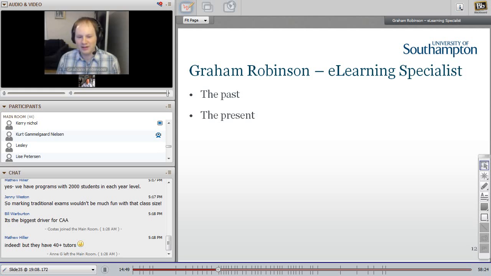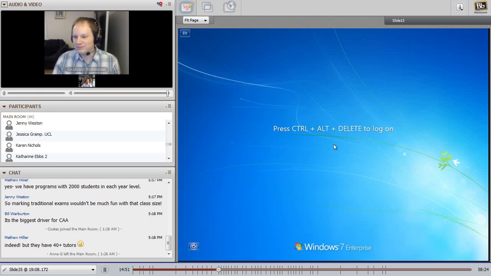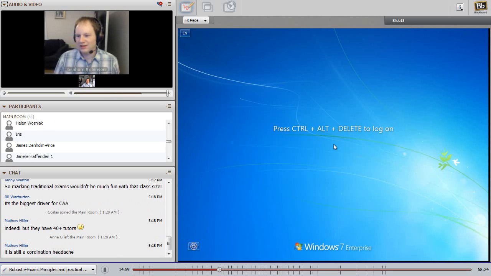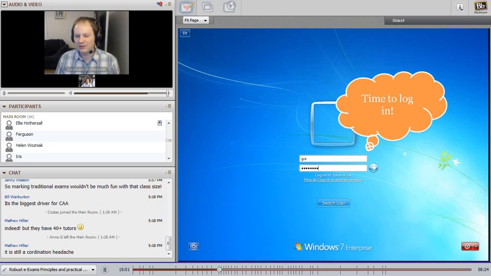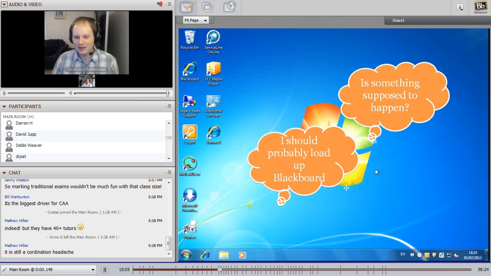So this is what used to happen. A student turns up at a computer, they hit Control-Alt-Delete and they log in as themselves. This is the first login they have to do. But then they just get a desktop. So now they're looking around the room, trying to find instruction from the invigilators about where they should go.